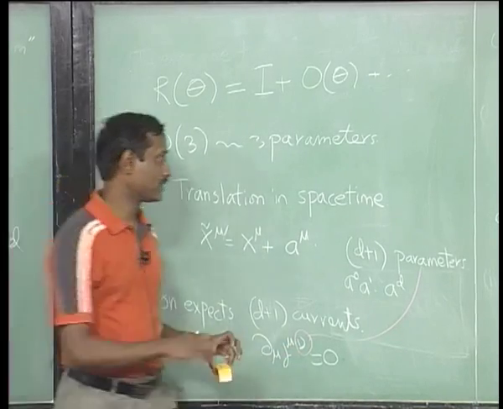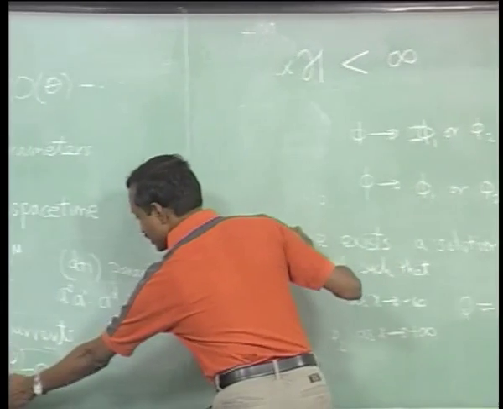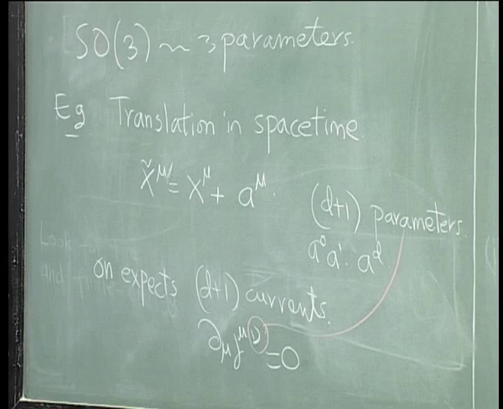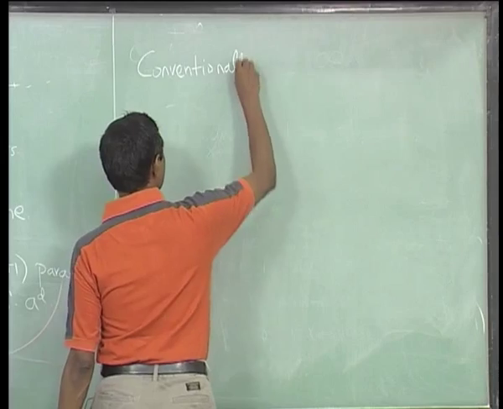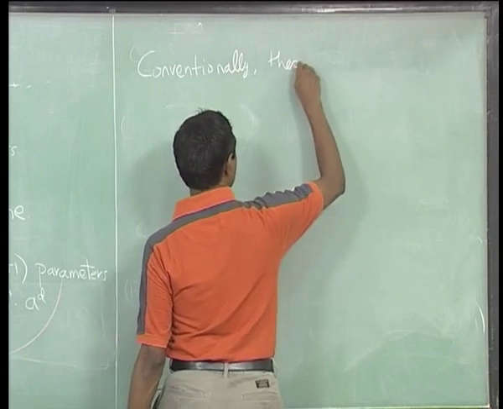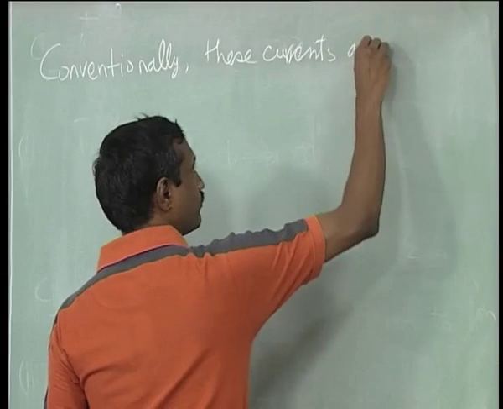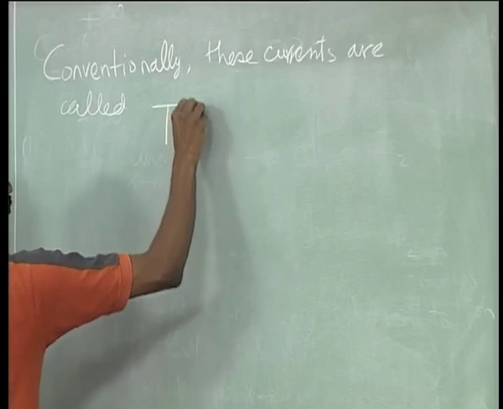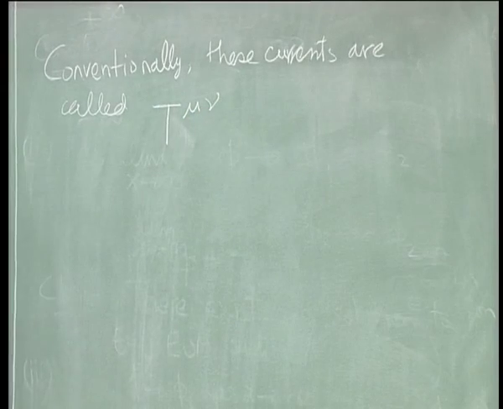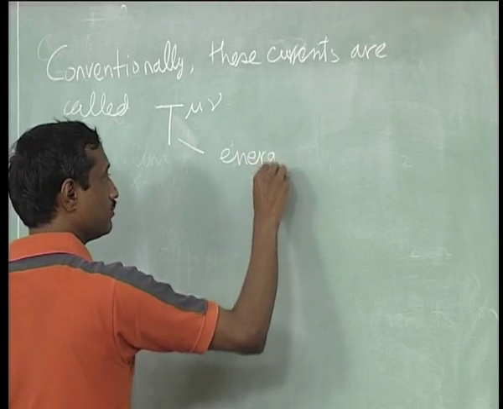So what you get is conventionally called T mu nu, not J mu nu. Conventionally, these currents are called T mu nu, and it is called the energy momentum.